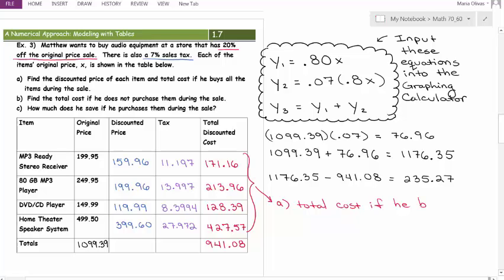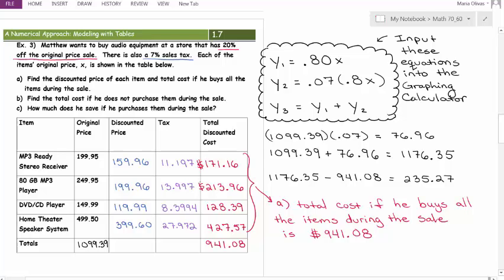Total cost if he buys all the items during the sale is $941.08. So that would have been the answer for part A.